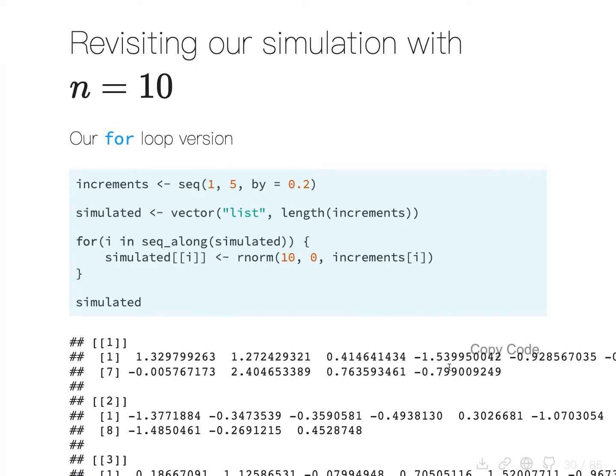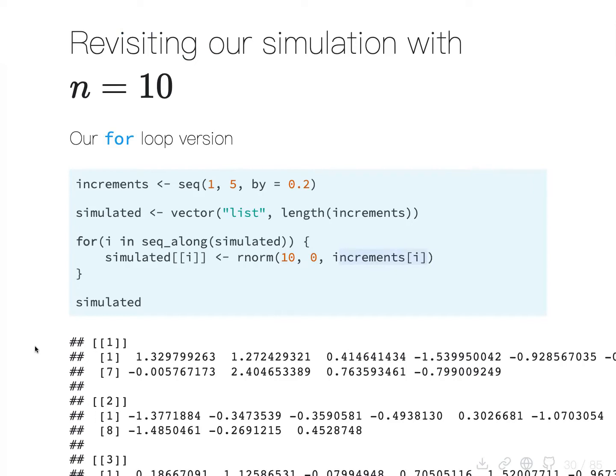So we're filling in each of those things. We're pulling from a random normal distribution where n is equal to 10, the mean is equal to 0, and the standard deviation is the ith increment, right? And then we get our simulated thing down here. Okay, so that's fine. That works, right? It's 1, 2, 3, 4 lines of code, basically.